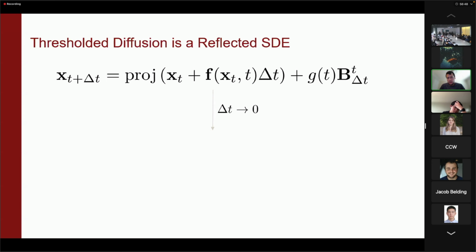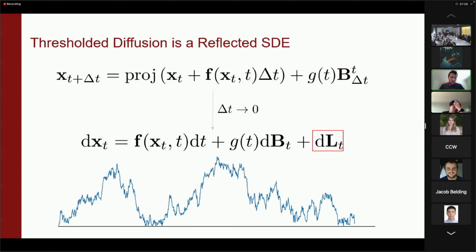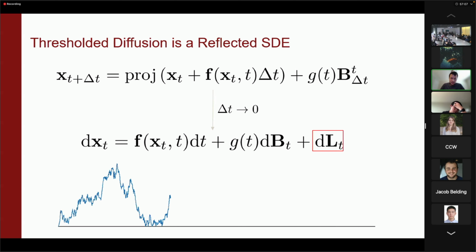And so in particular, what happens as you make the discretization time go to 0 is that this process of constantly projecting the trajectory back into the known domain corresponds to a new stochastic process where there is a boundary condition and the samples can never go below this boundary. It's a reflected diffusion where there is a boundary, and whenever you hit the boundary, you're being reflected back.